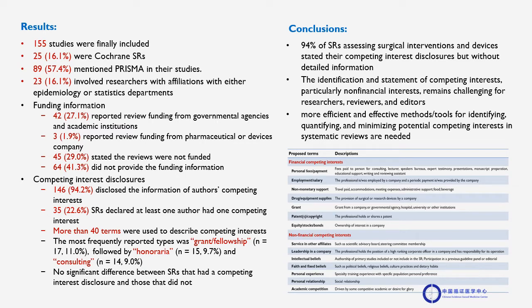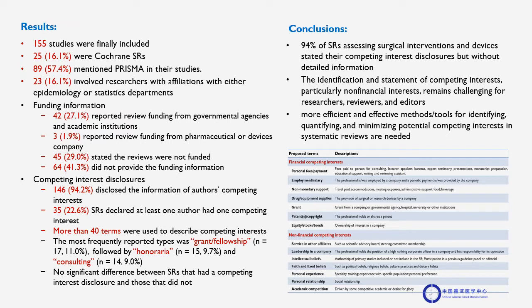Of the 35 systematic reviews that stated conflict of interest, Cochrane systematic reviews were more likely to provide a detailed description of the conflict of interest in comparison to non-Cochrane systematic reviews. We found no significant differences in conclusions between systematic reviews that had a conflict of interest disclosure and those that did not.